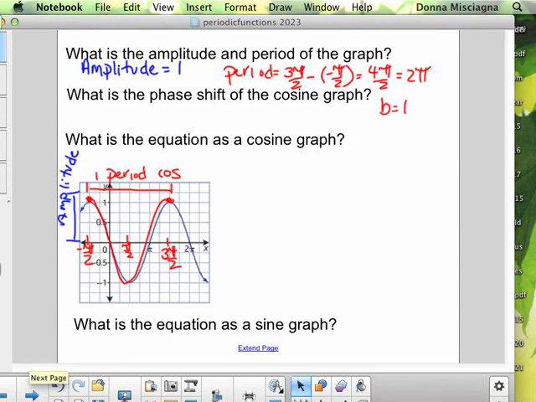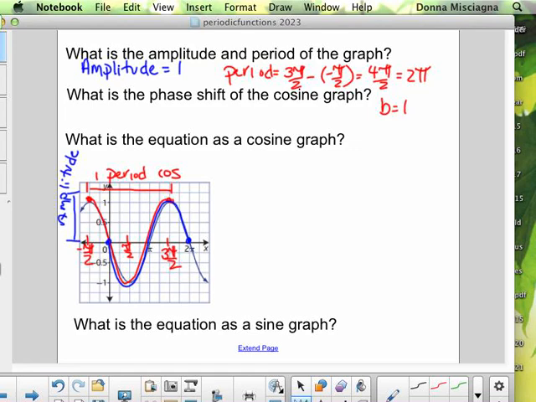Let's go ahead and look real quickly at the sine graph. The sine graph starts here, goes down instead of up, and ends here. Notice that the cosine graph is just going like it normally does.